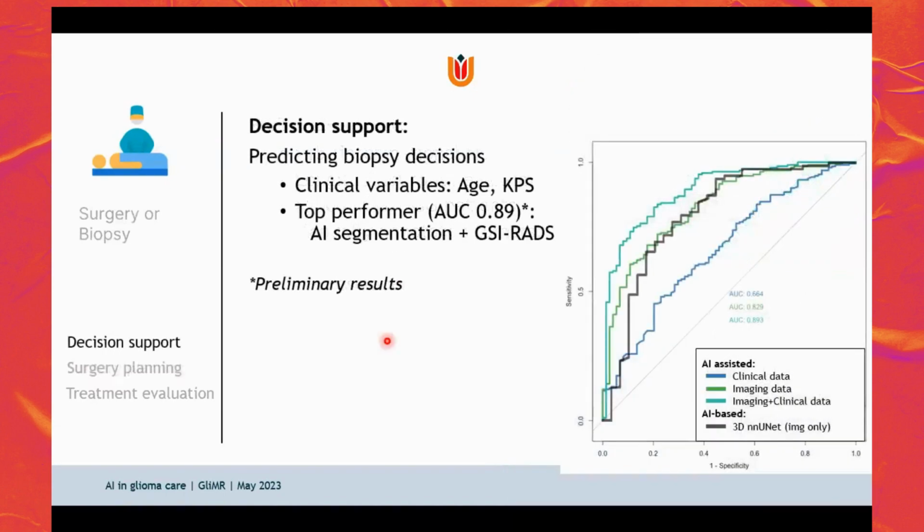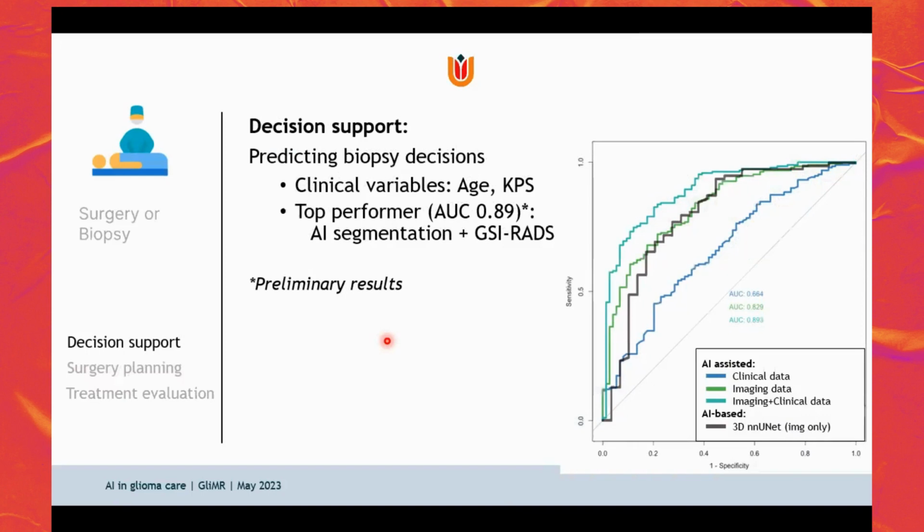We use this data set, for example, to predict the biopsy decisions. One of the not often investigated, but really important decisions during the treatment is whether a patient is going to receive a surgical resection or a biopsy.